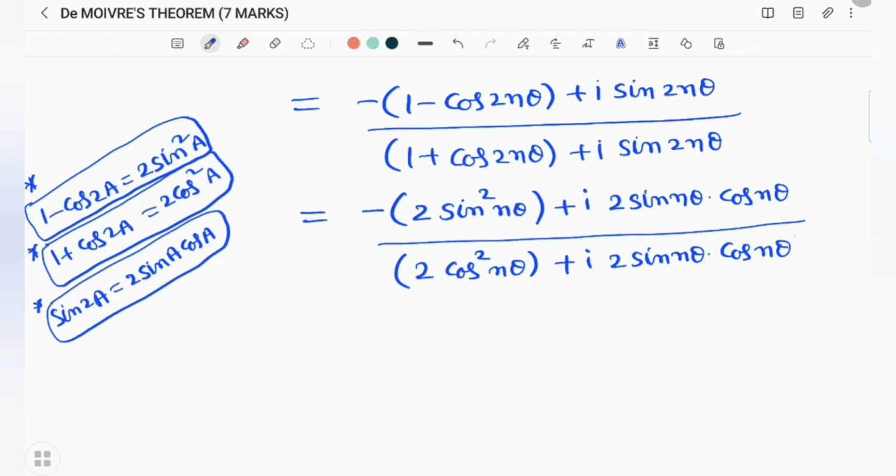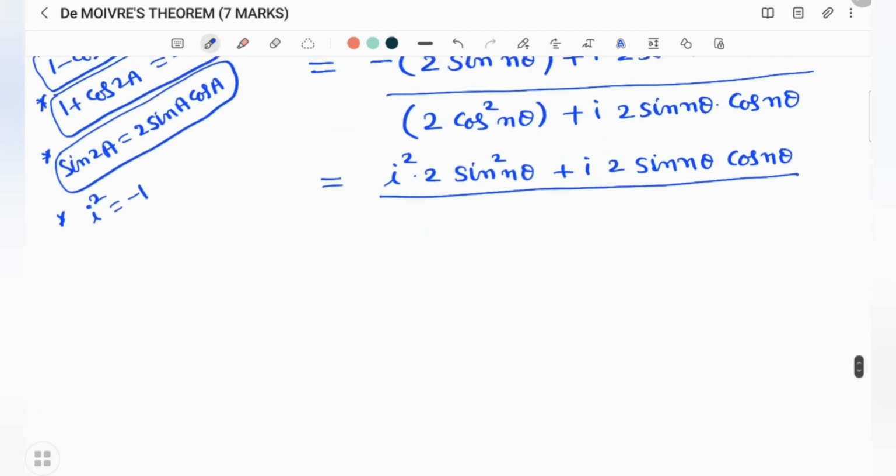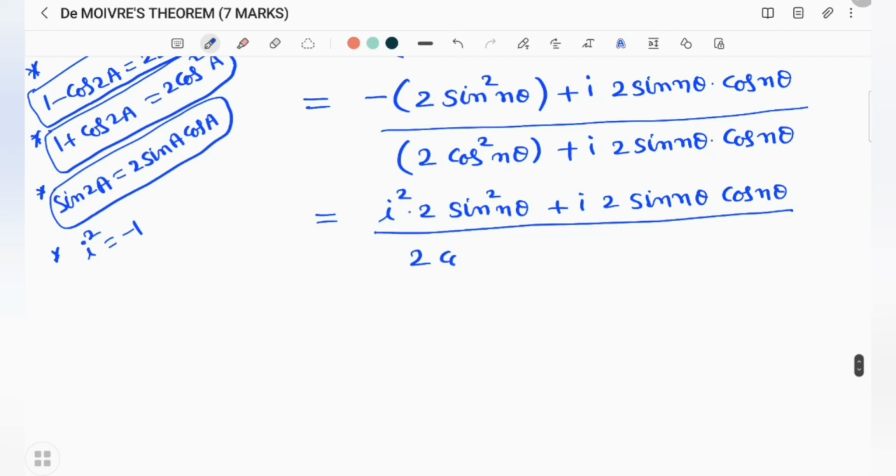In the numerator, the first term has a minus, so how to eliminate this minus? We know that i² = −1. So in place of minus 1, I am writing i², into 2 sin² nθ, plus i into 2 sin nθ into cos nθ, divided by 2 cos² nθ plus 2i sin nθ into cos nθ.